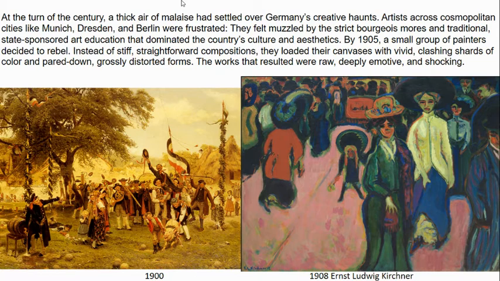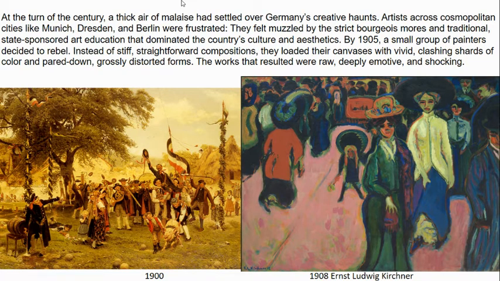Now, if you look at the artwork on the left, this is what the Expressionists were rebelling against. The picture on the left portrays things in this ideal world, and it looks like a happy place, and they look like they are trying to make it look real. Now they're rebelling against that. So the painting on the right looks raw, deeply emotional, and shocking.